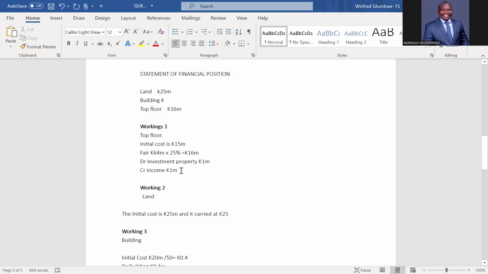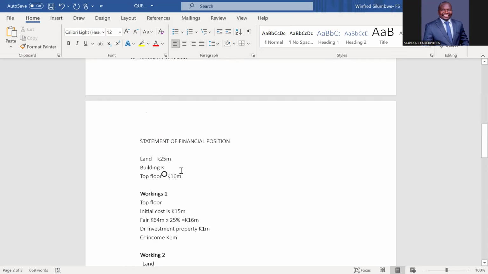So then we go now to our statement of financial position and put here 19.6 million. So let all these things be written smart. And we can add the total.